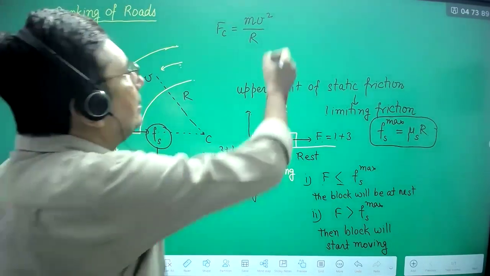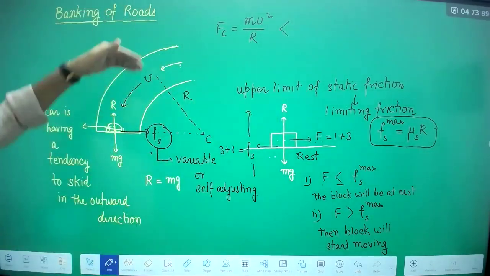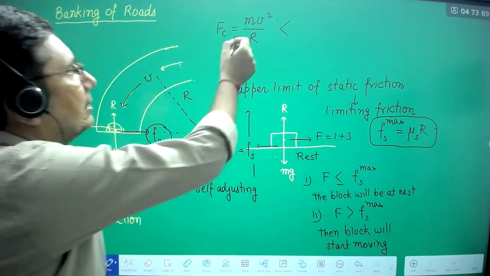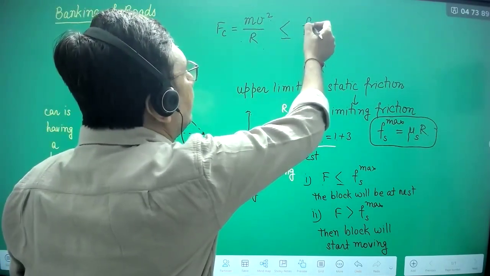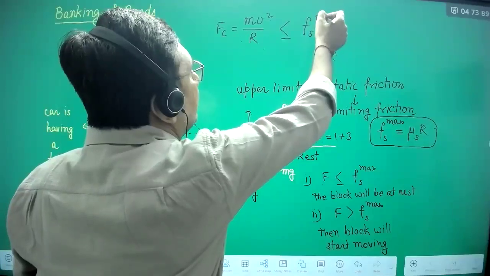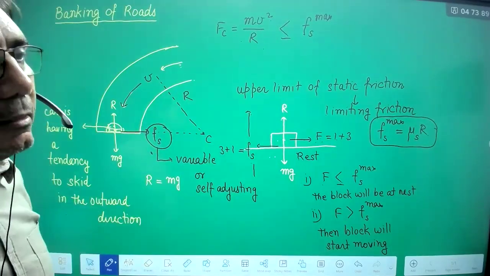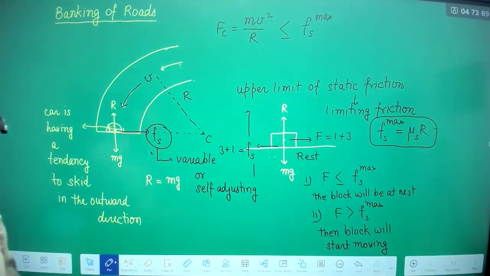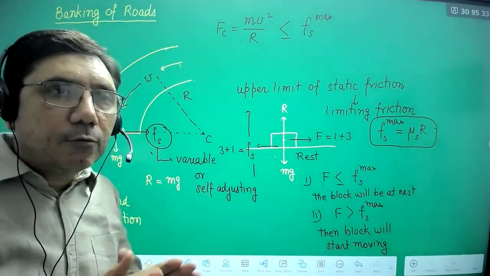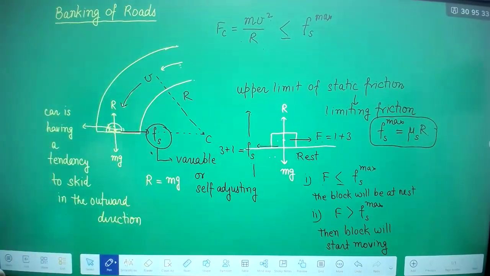So for the circular motion of this car on this curved track, mv square upon r should be less than or equal to Fs max.